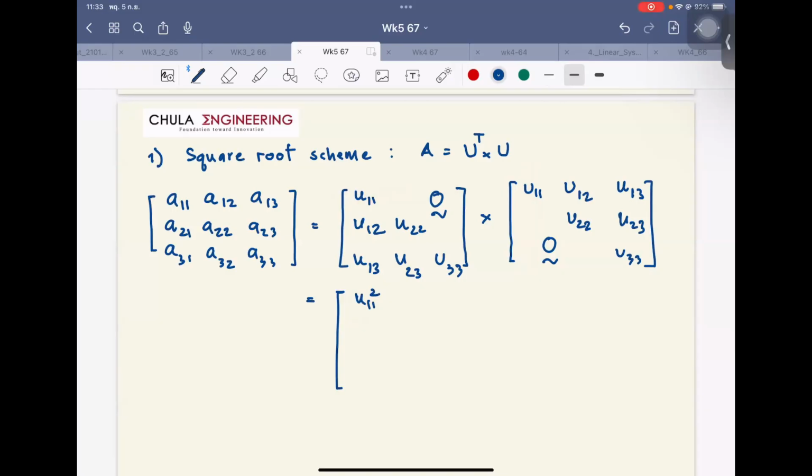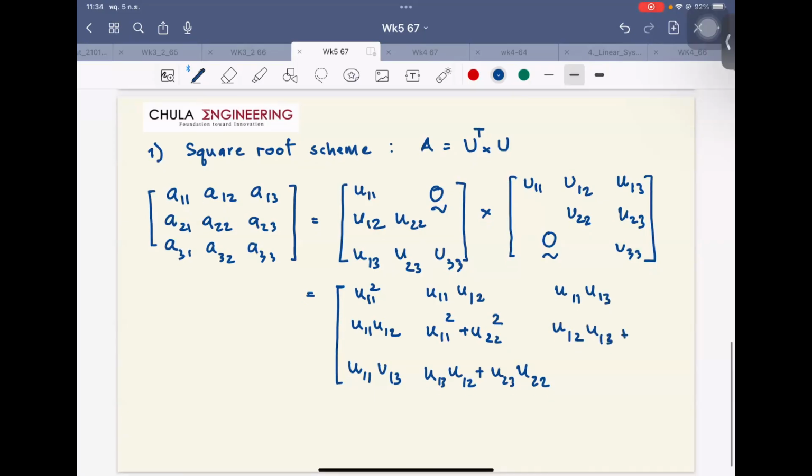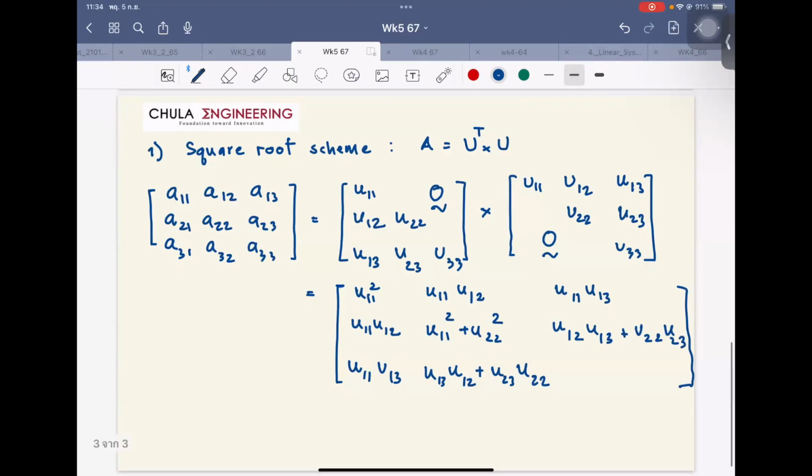I will go through this quickly: U11 U12, and U11 U13. Then U11 U12, U11 square plus U22 square. Then U13 U12 plus U23 U22. And the last one, U13 square plus U23 square plus U33 square.